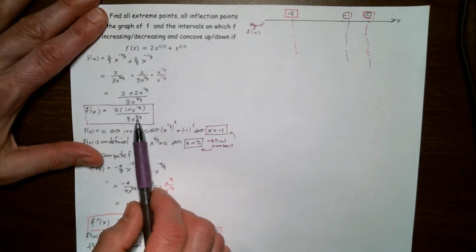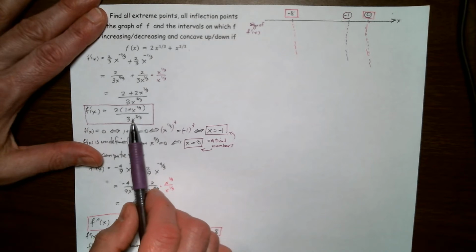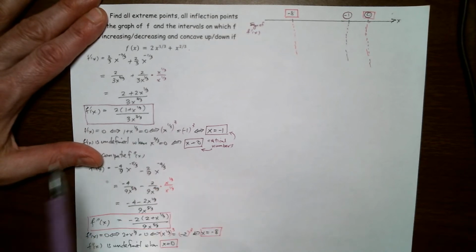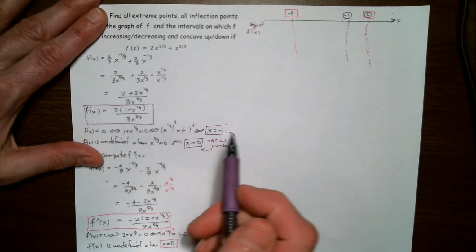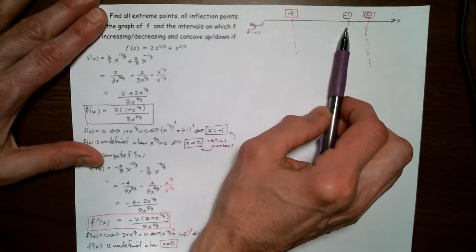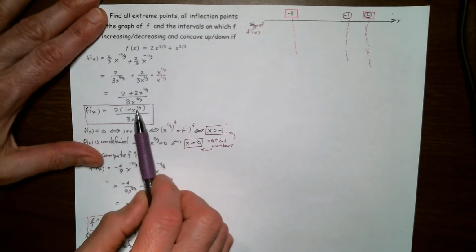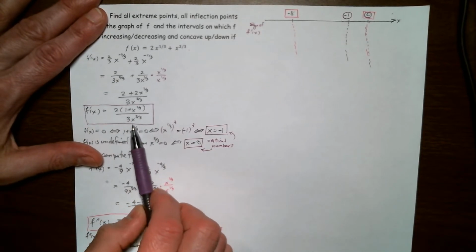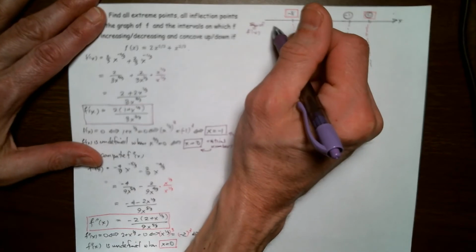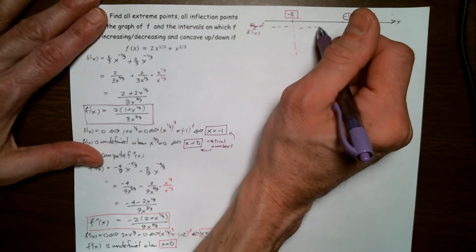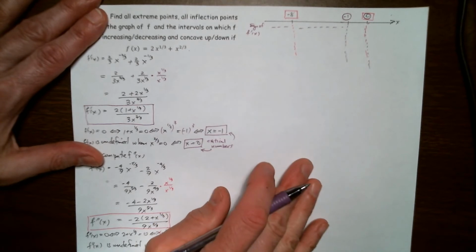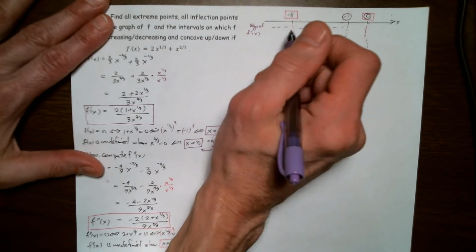So as long as x is not 0, the denominator is positive. Consequently, when x is less than minus 1, we always have a ratio of a negative to a positive, which is negative. So the first derivative is always negative when x is less than minus 1.